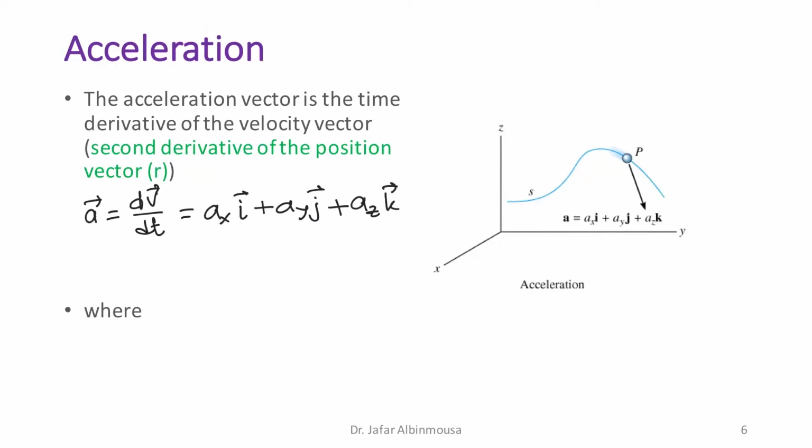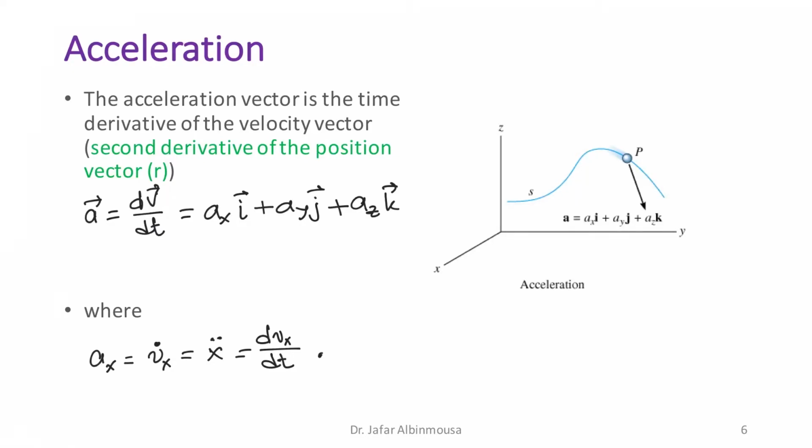Now, here we have ax equals v dot x, which is equal to x double dot, which is equal to dvx over dt.